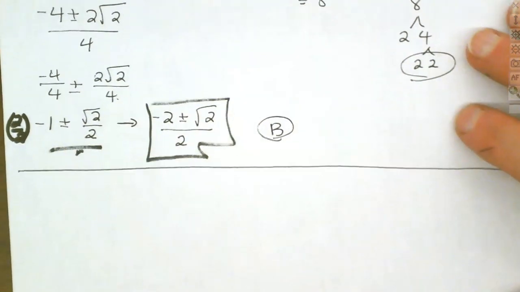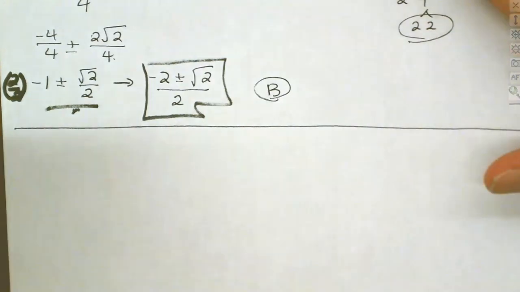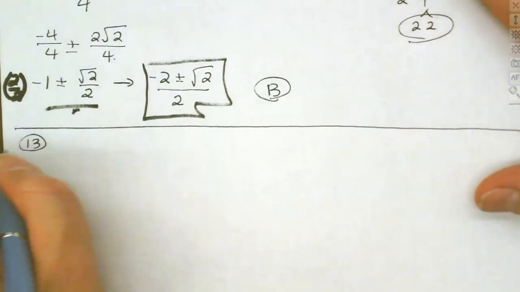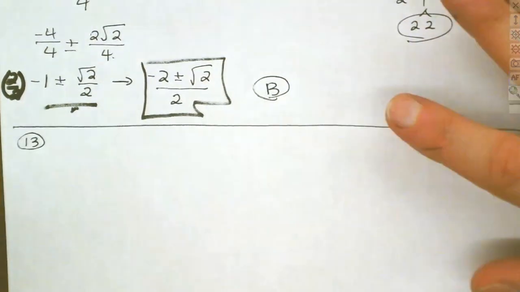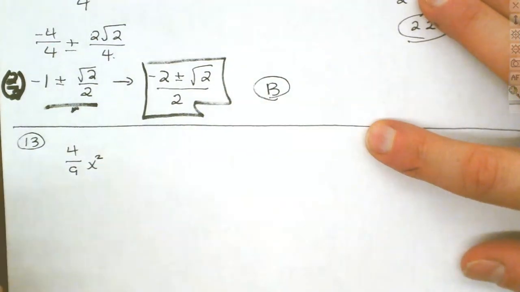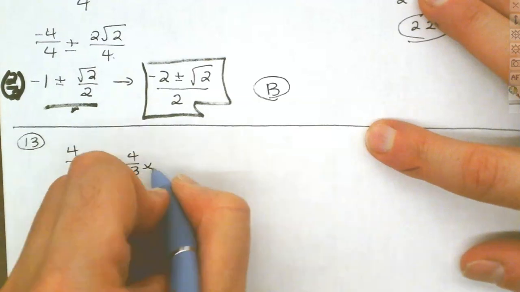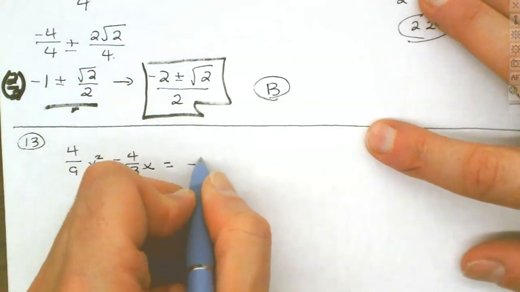Two more, and then we'll look at our practice exam. So we want to look at questions 13 and 15. Those are the fraction ones. So let's look at question 13: 4/9 x squared minus 4/3 x equals a negative 1.